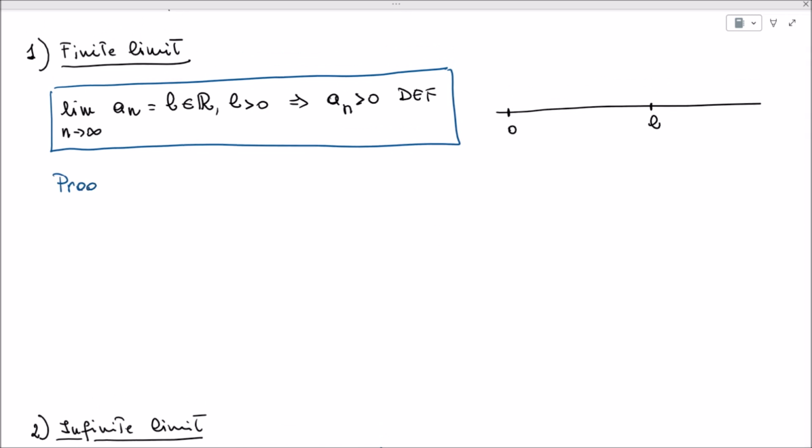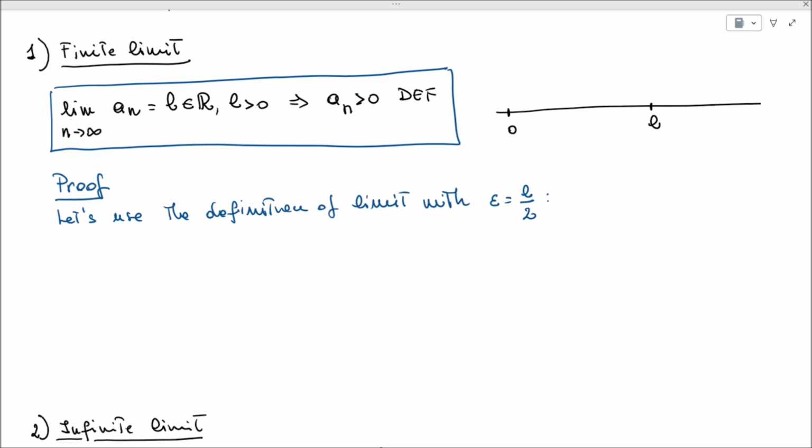So the proof is very easy, and it is based on just the use of the definition of limit. So let's use the definition of limit, for example, with epsilon equal to L divided by 2.